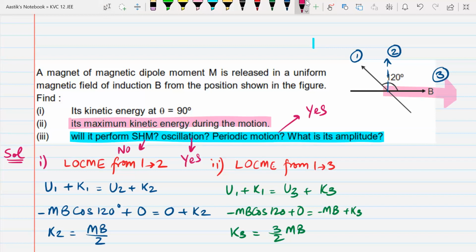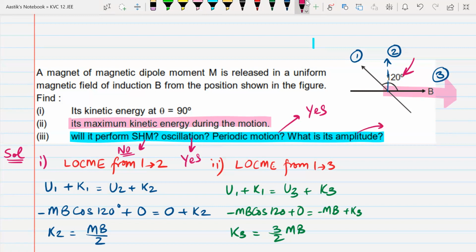No, it is not SHM. Why is it not SHM? Because torque is mB sin theta. It is proportional to sin theta. It is not proportional to theta. For very small angles only it is proportional to theta. Here there is no small angle. Angle is 120 degrees. It is not small. So we cannot say that the torque is proportional to theta. And therefore, this motion is periodic, oscillatory, but it is not simple harmonic.